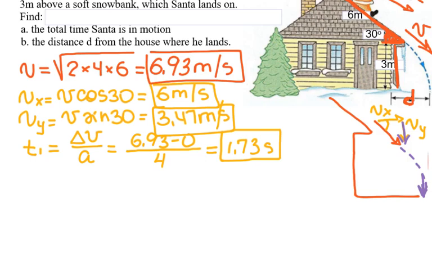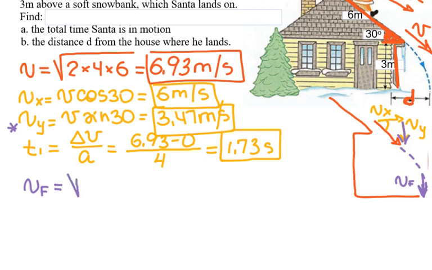I'm going to call this vertical velocity V final. This V final depends on the vertical initial velocity, which is Vy. Again, I have the distance 3 meters, so the height of the building is 3 meters, and I know acceleration due to gravity is 10, so it's that formula.